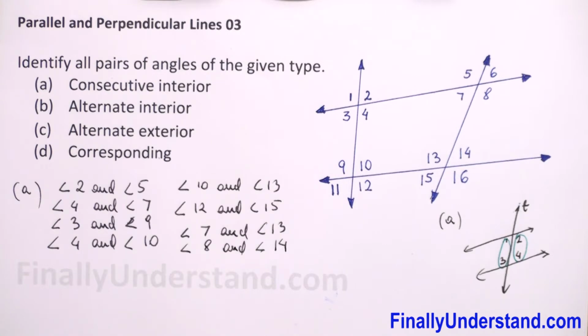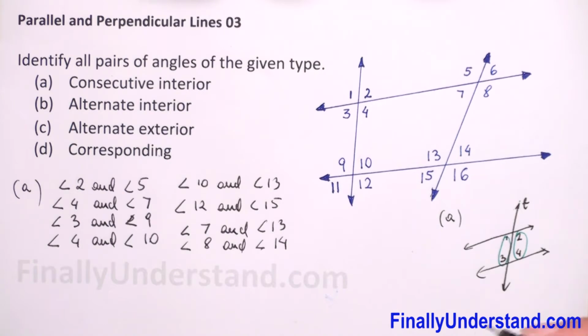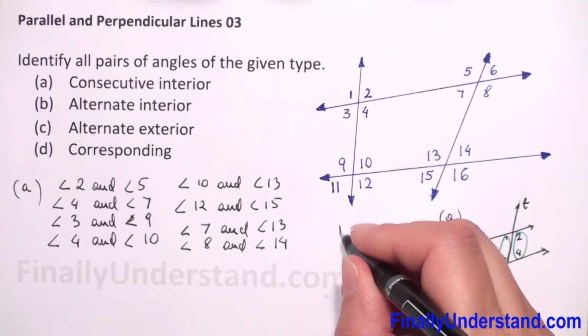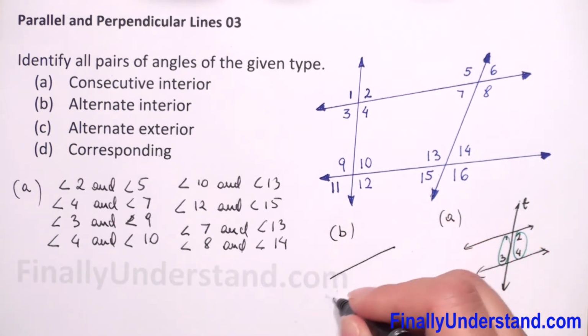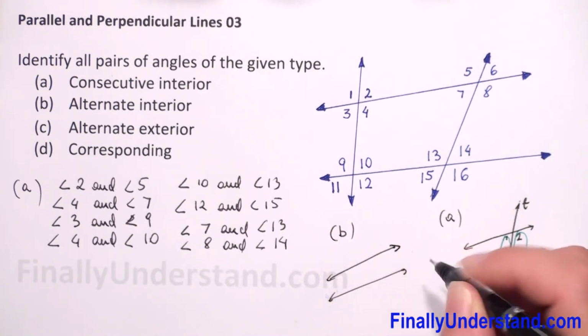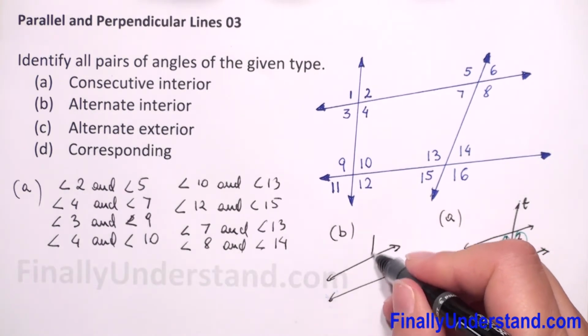Next we have to find alternate interior. Let me remind you first that two angles are alternate interior angles if they lie between the two lines and on the opposite sides of the transversal. So let's draw now a simple diagram of alternate interior. This will be our two lines, and these two lines cross our transversal.